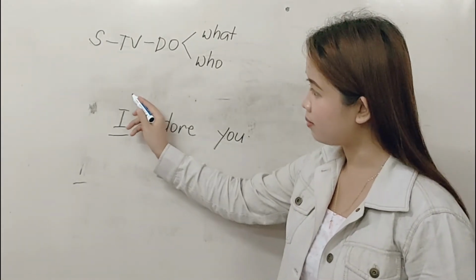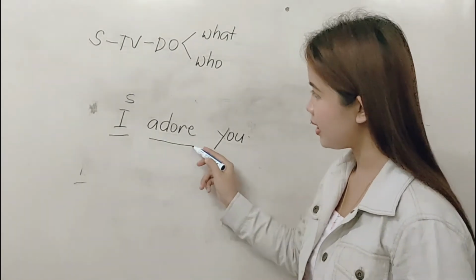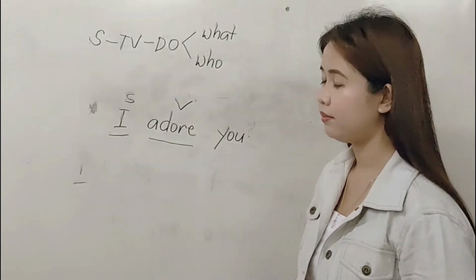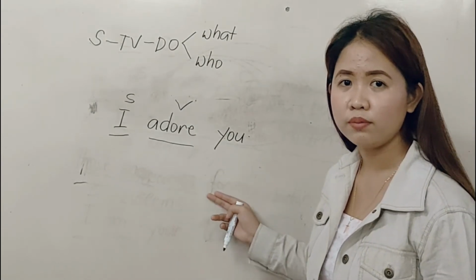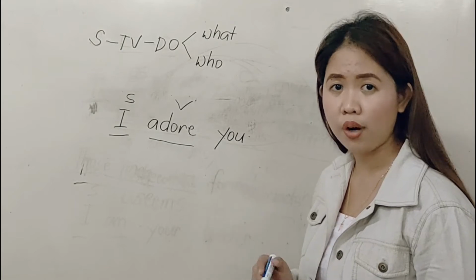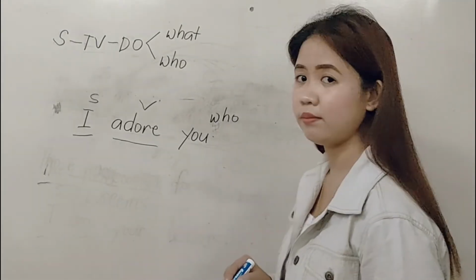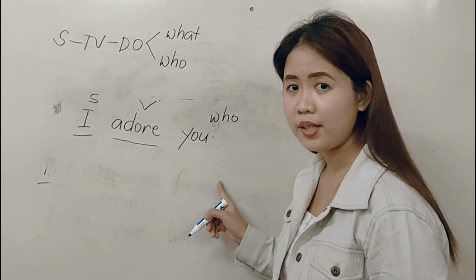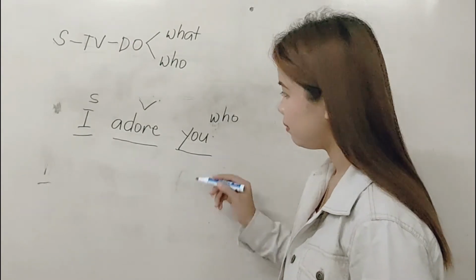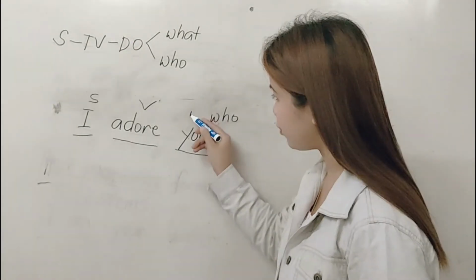I is the subject. Adore is the verb. I adore who? Who do I adore? This is answerable by the who question. If this is answerable by the who question, this word is understood as a direct object.